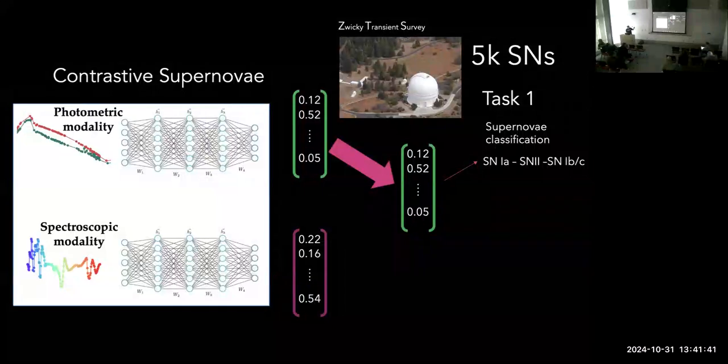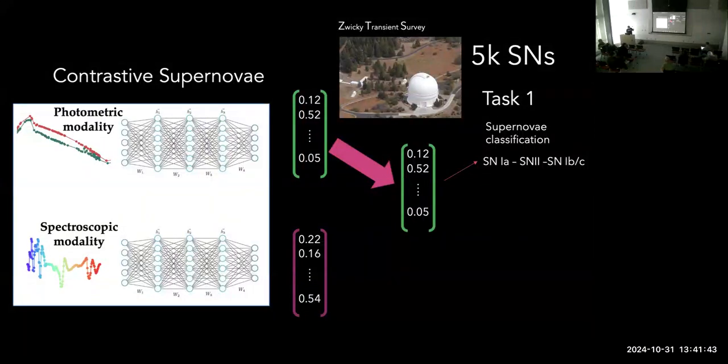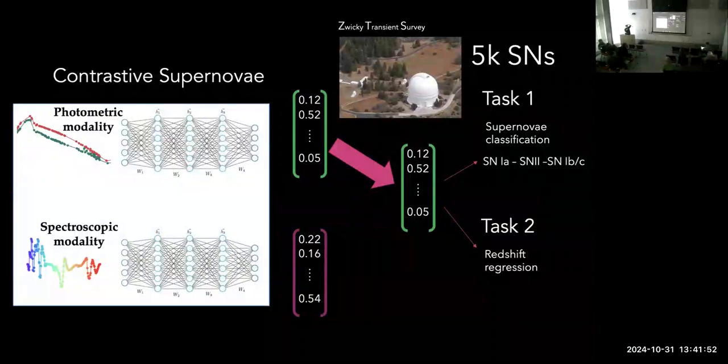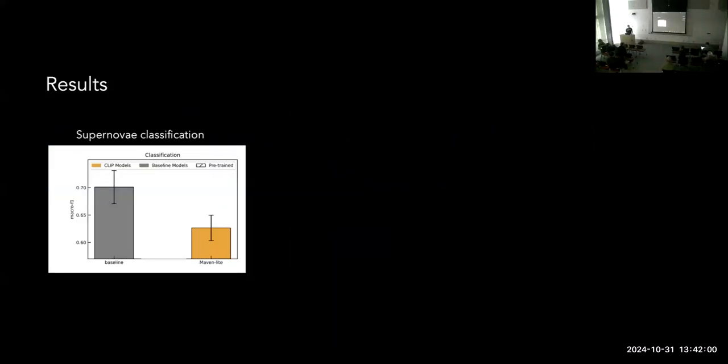The ones that we're trying are supernova classification: is it a 1A? Is it a 2? Is it a 1BC? Whatever. Or how far away is it, using redshift regression. So how far away is this supernova happening? And so we run the tests and we absolutely bomb it. The gray line is the baseline, and the orange one is Maven Light.